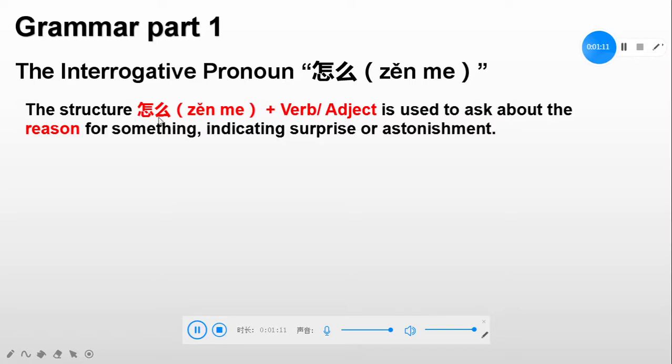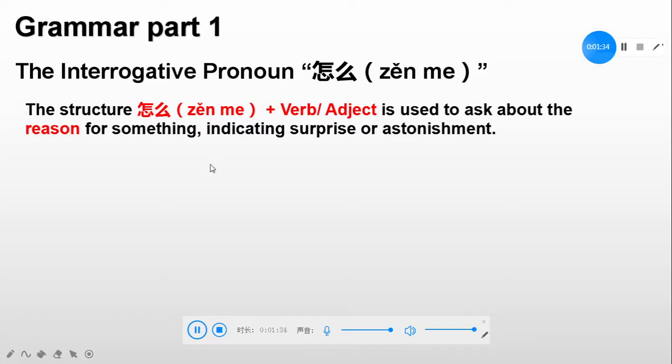That's how it is used. And usually, when you see this structure, it is used to ask about the reason, which can be translated as why or how come in English. Okay? So pay attention: 怎么 with verb or adjective.